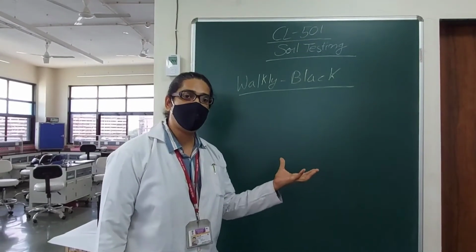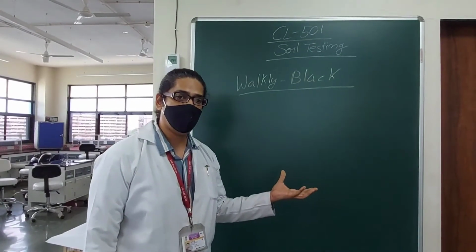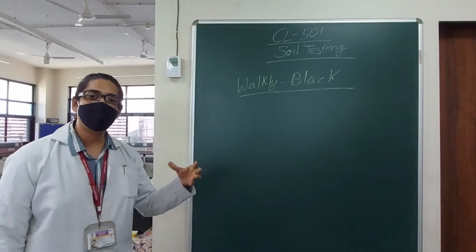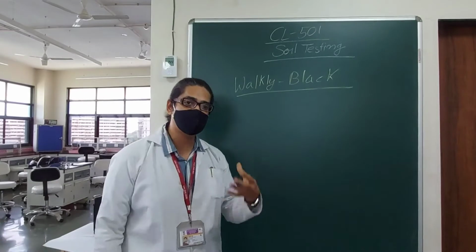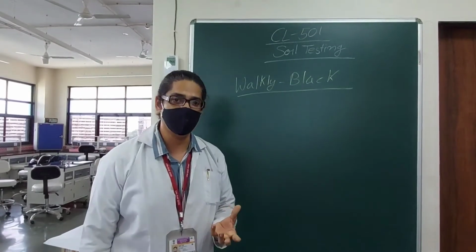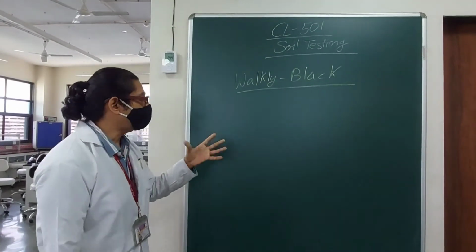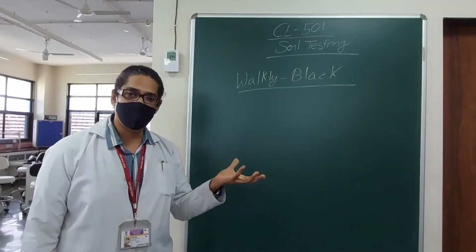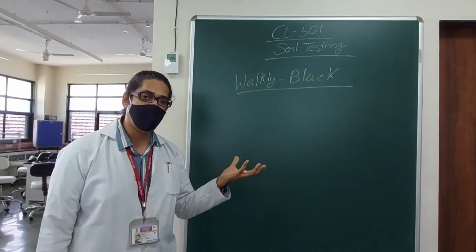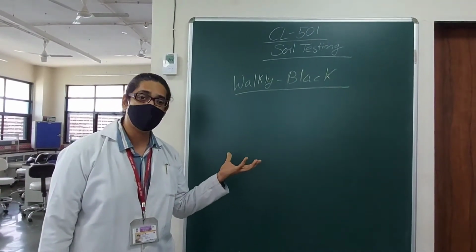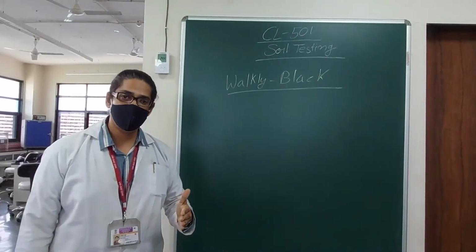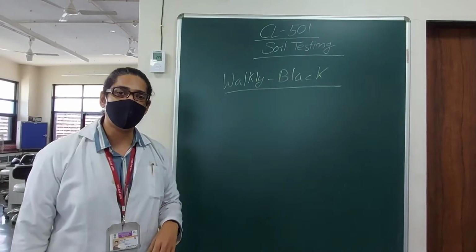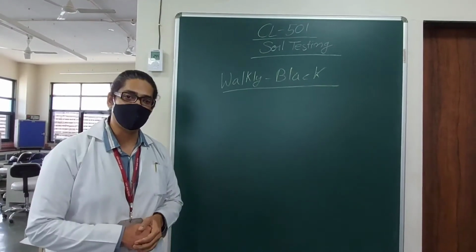To it you add potassium dichromate, and then you use sulfuric acid to catalyze the reaction, and you oxidize all the organic content. Whatever organic content is there will be oxidized using dichromate, because it's a powerful oxidizing agent. Whatever remains, we do the back titration using ferrous sulfate.